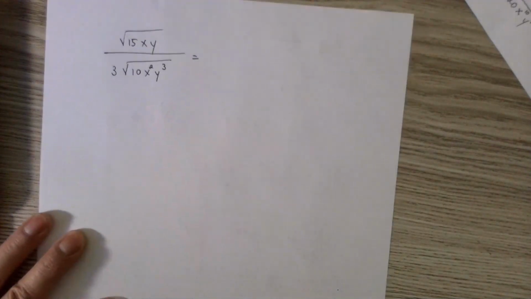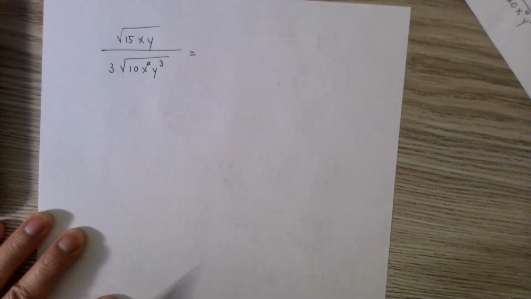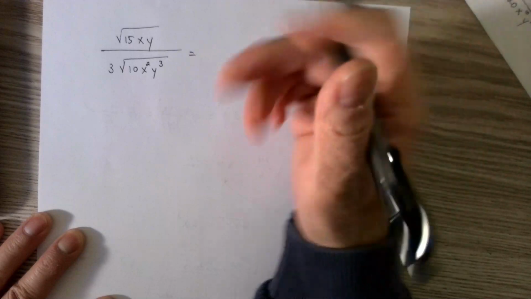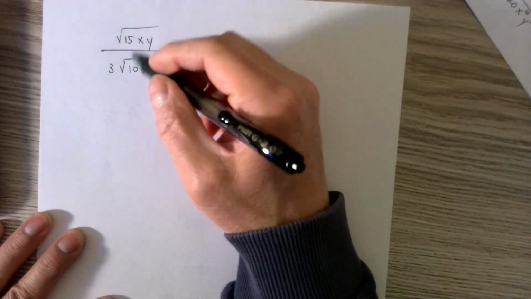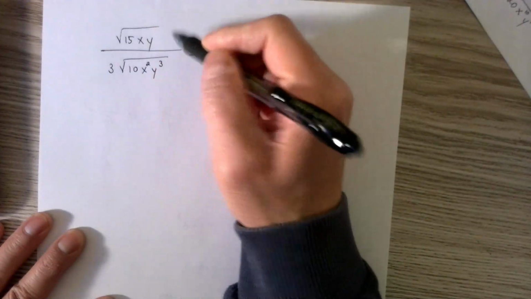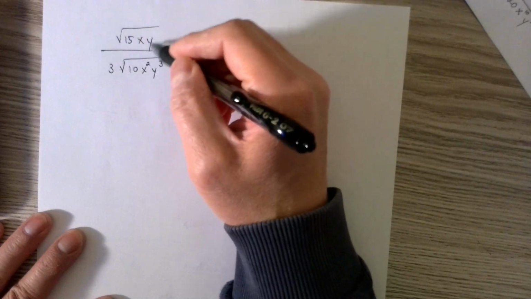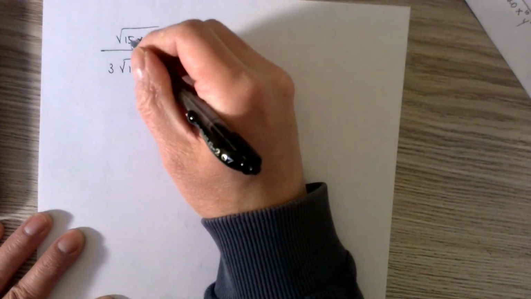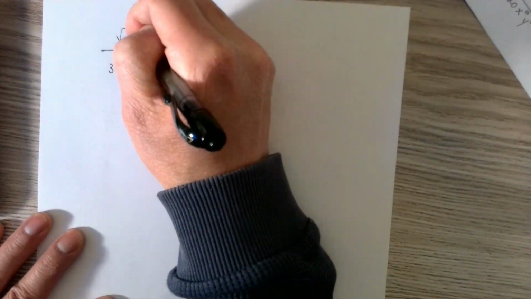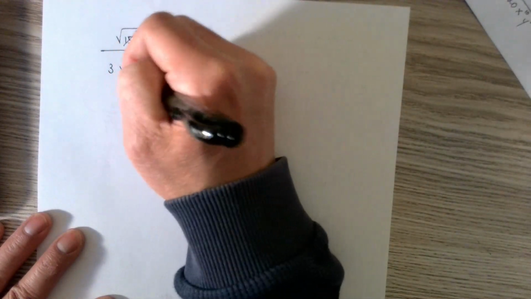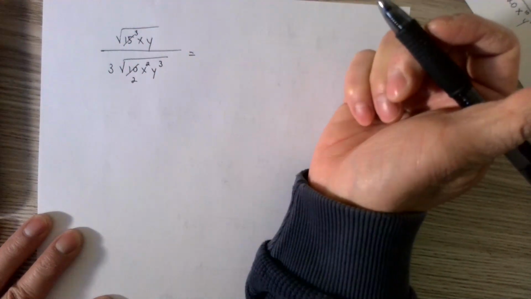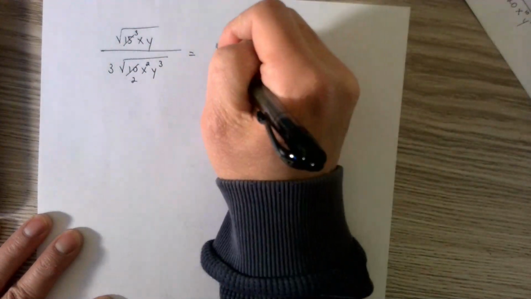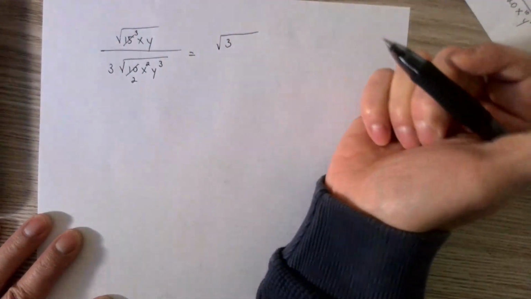Okay, first what I'm going to do for this one is cancel. I know that I could put all this stuff in one rad, so I might as well just cancel. The 15 and the 10, if I divide by 5, gives me 3 and 2. So I know I have rad 3 in the top.